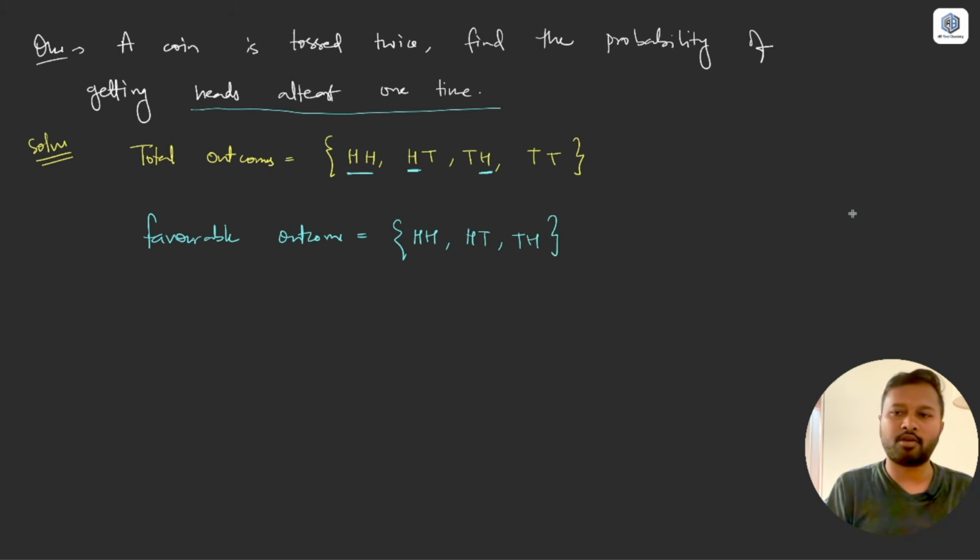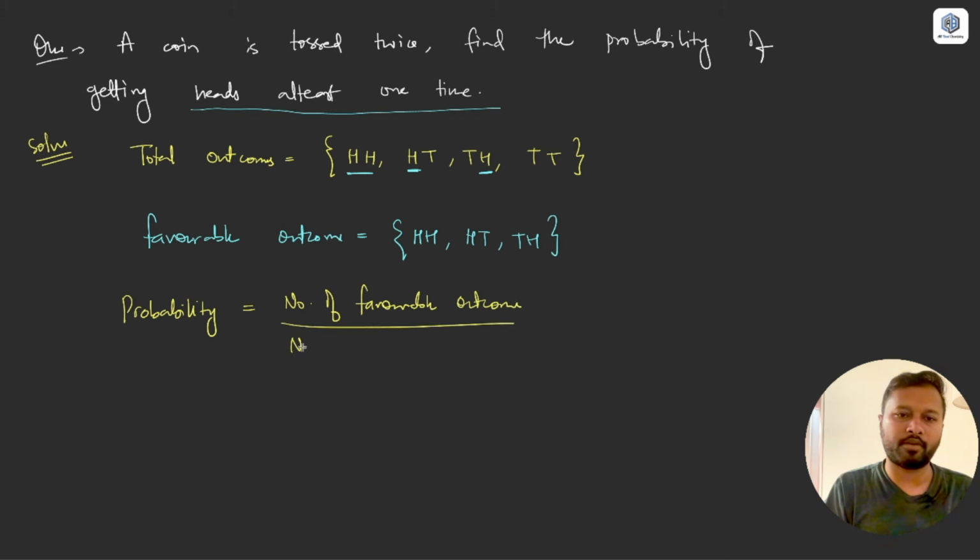Now if I have to write down the probability which is required in the question, that will be the number of favorable outcomes divided by the number of total outcomes. If you write that down, the number of favorable outcomes is 1, 2 and 3, so you write 3, and the total number of outcomes is 1, 2, 3, 4, so your answer will be 3 upon 4.